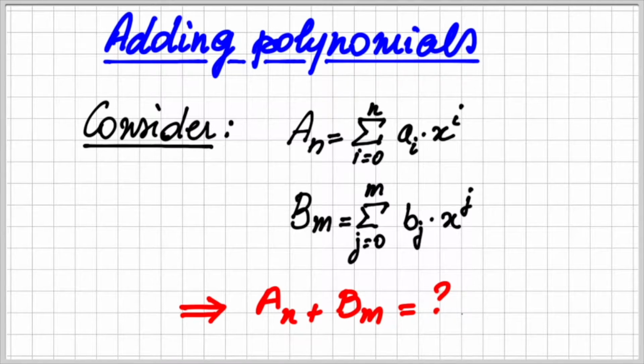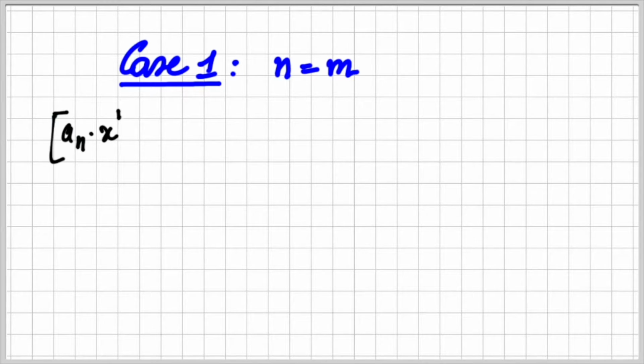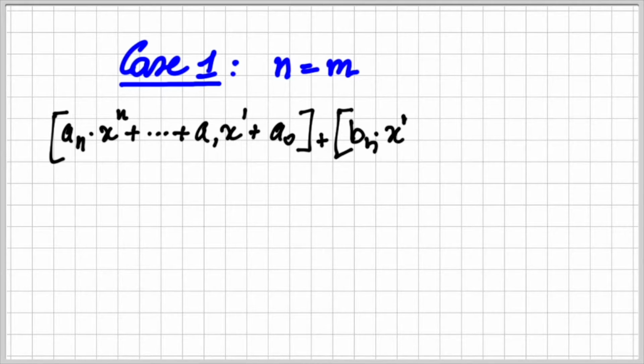And in order to do that, we're going to look at two different cases. Case 1, we have that both polynomials have the same order. So basically we have the first polynomial a_n times x to the power n plus and so on, a1 x to the power 1 plus a0, and we add the second polynomial to this polynomial.